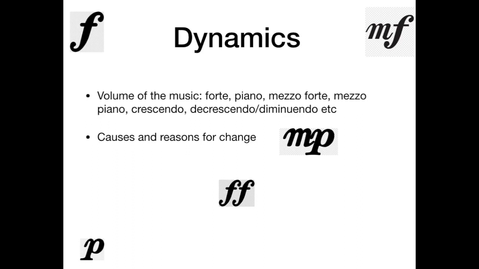So there is a multitude of reasons why dynamics can be changed or affected. We have things like articulation can affect it. We have things like texture, amount of instruments being used, amount of notes in a particular chord, rhythm. The list goes on. It can also be relative to the melodic line.